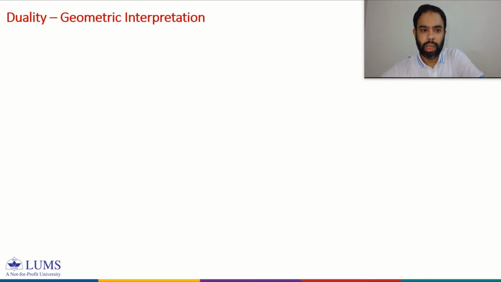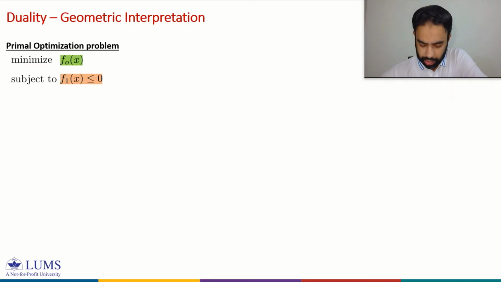So we consider a problem in which we minimize f0 of x subject to f1 of x less than or equal to 0. Again, this problem does not need to be convex. Here x belongs to R^n, so we do not restrict the dimension of x.